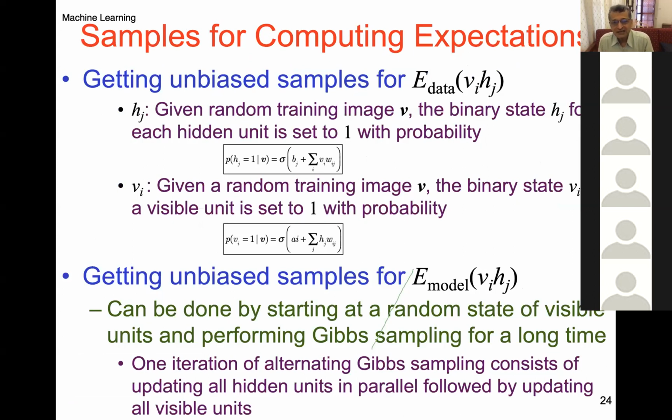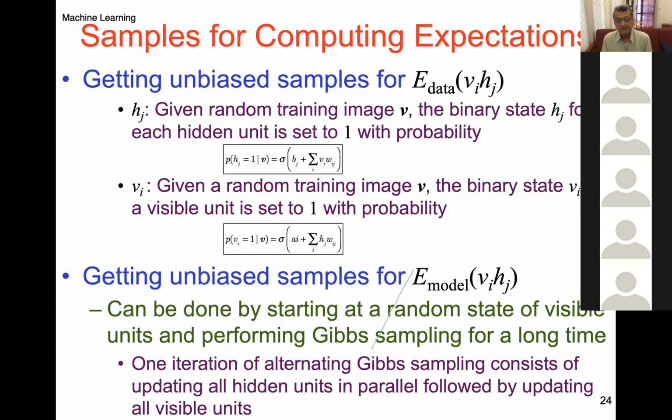So then comes a little bit of mechanics here. We need to get samples from the data, we need to get samples from the model, and we need to get unbiased samples from the data of VIHA. This is saying we've got to estimate the value of VIHA. So we generate samples. Given a random training image, the binary state HA of each hidden unit is set to 1 with probability VHA.